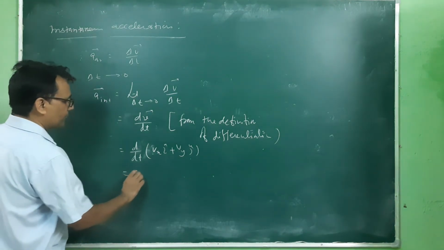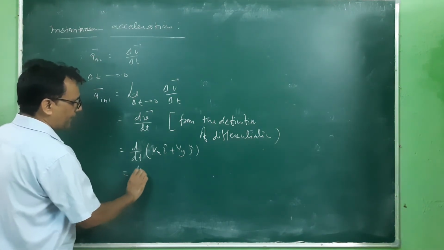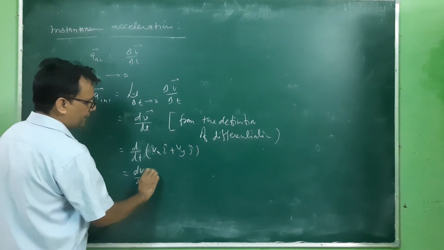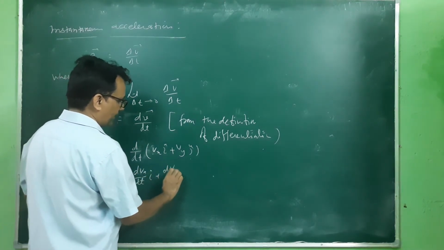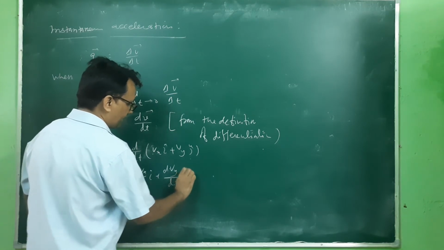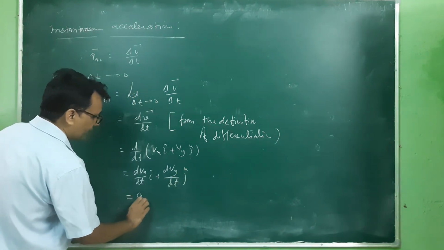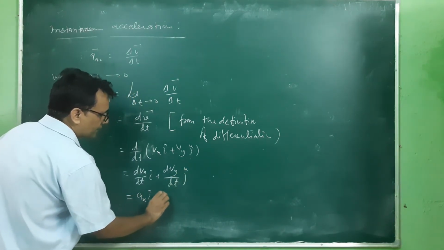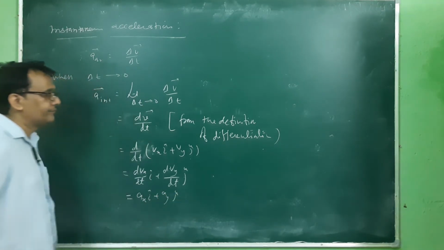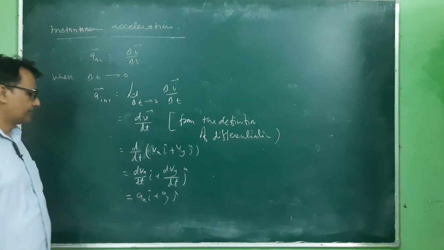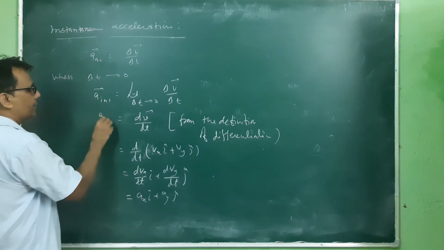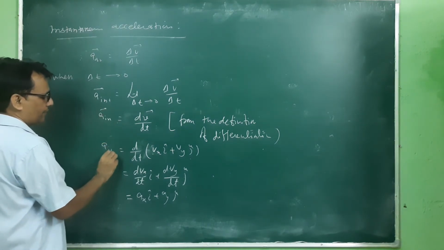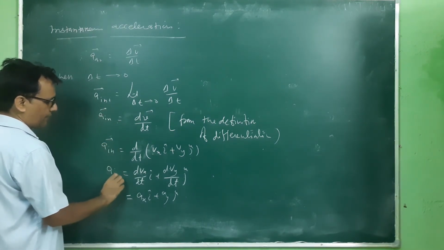So this is equal to dvx by dt i plus dvy by dt j, and this is equal to ax i plus ay j. So this is a instantaneous.